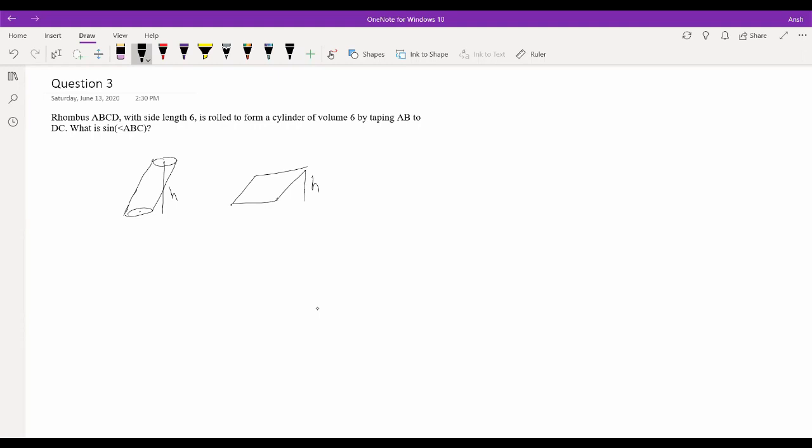We know that the side AB, h, and the base form a right triangle. So h should just be equal to AB times sine theta, which is equal to 6 times sine theta. We can see this because it forms a right triangle with hypotenuse equal to one of the side lengths and one angle equal to angle ABC.